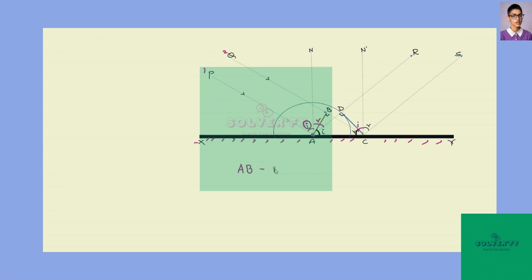AB is the incident wavefront, which is bound by the two incident rays.